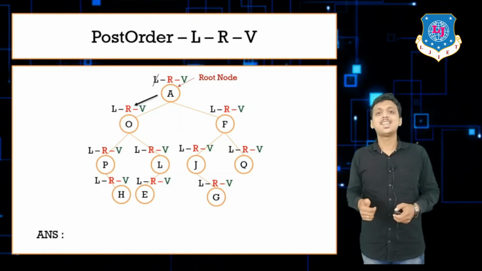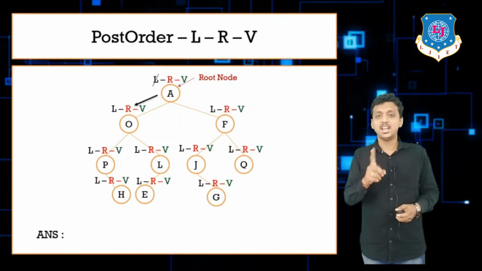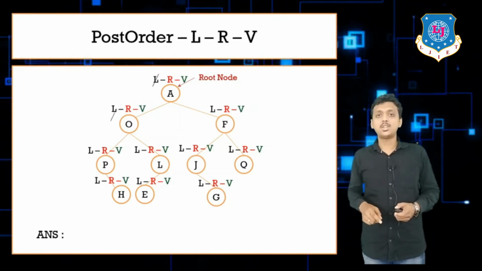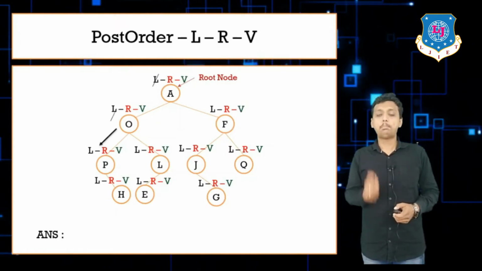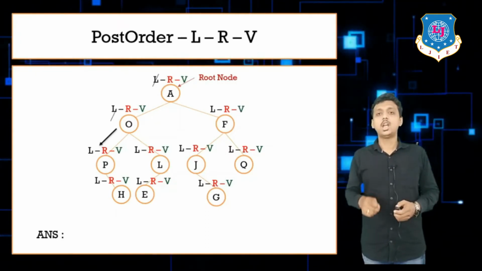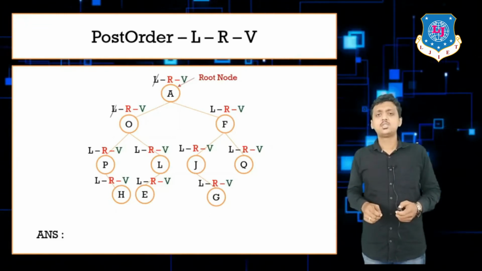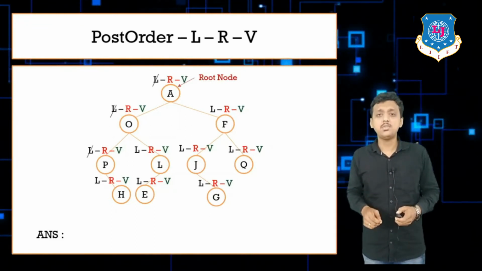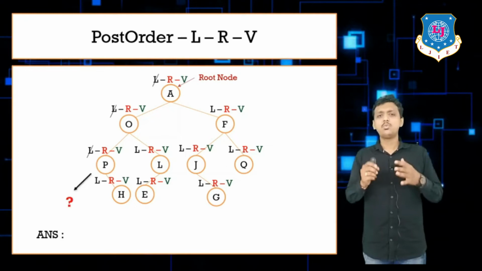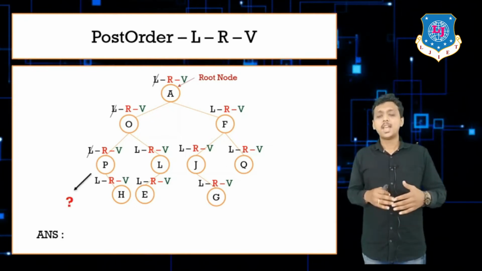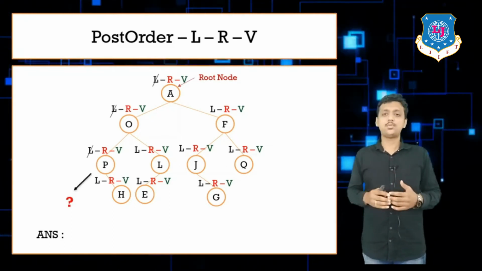That is L. L means left side. So on the left side of O we have P. Now again on the left side. On the left side of P we have nothing.